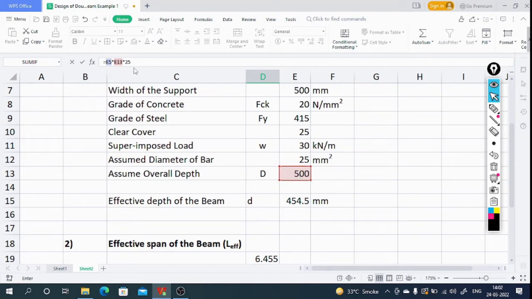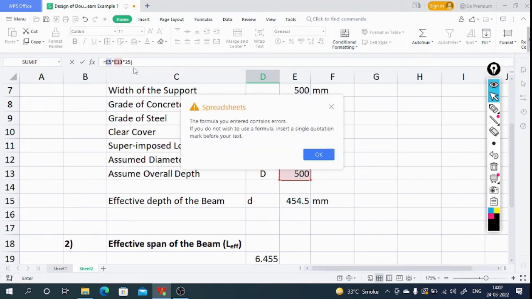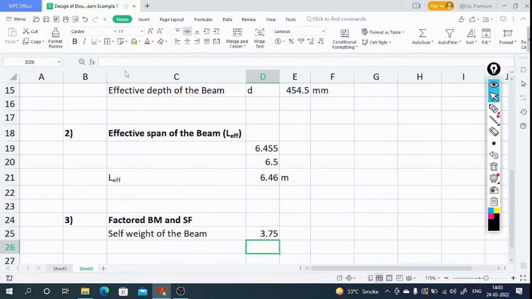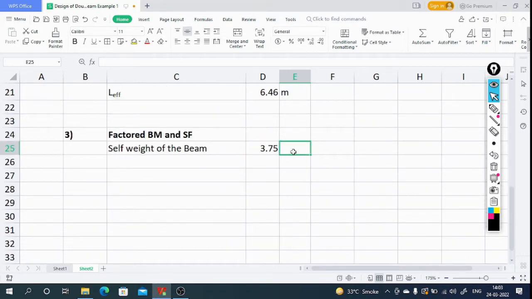Divide the numerator by 10 raised to 6. You will get the value of self weight of the beam, that is 3.75 kilonewton per meter.